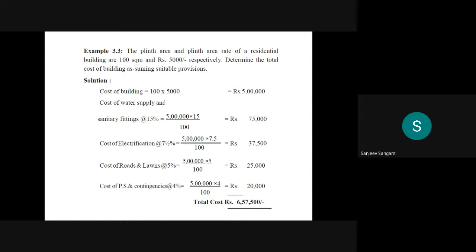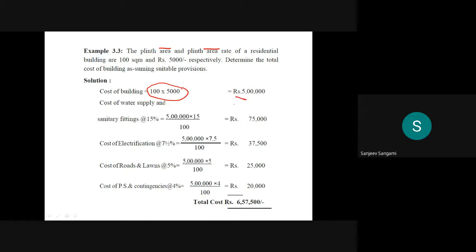So normally sanitary fitting 15%, cost of electrification 7.5%, the cost of roads and lawns 5%, the cost of contingencies 4%. First you calculate it because it's very easy. Plinth area is given, its rate is also given. Just directly multiply, 100 by 5000, you will get this.